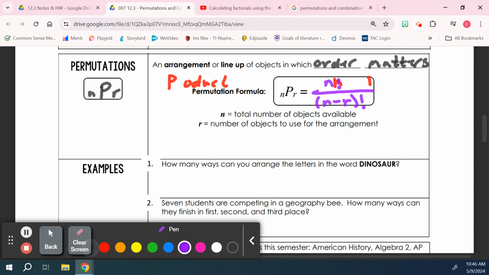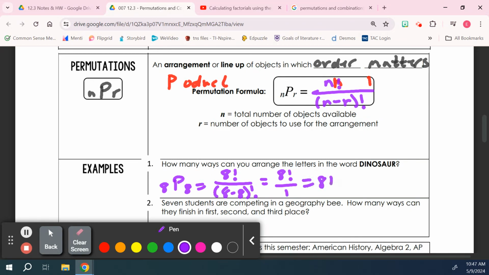So this is going to be 8P8, which is 8 factorial over 8 minus 8 factorial. So this is essentially 8 factorial over 1, because that's going to be 0 factorial on the bottom.